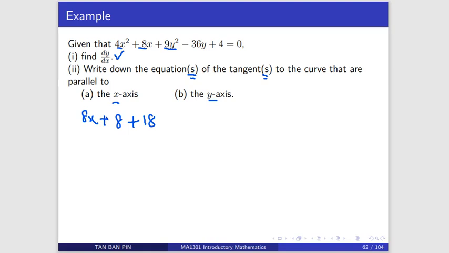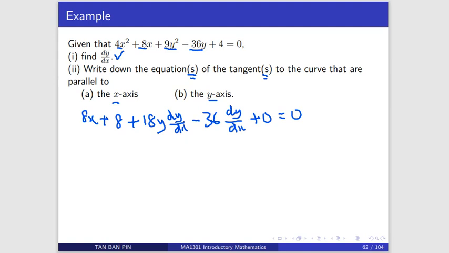There's a y, so 9y squared gives 18y, and because y turns, you need dy/dx. Differentiate 36y, which will give you 36 dy/dx. Differentiate 4 gives you 0. On the right-hand side, differentiate 0 is 0.